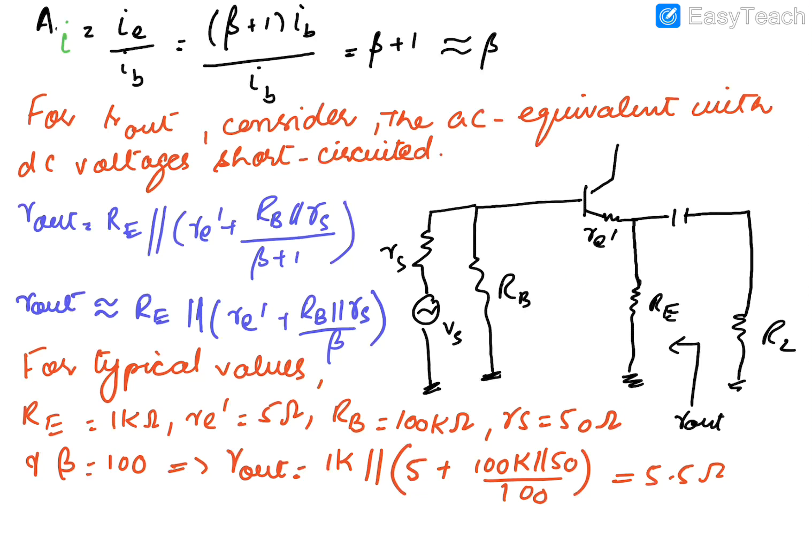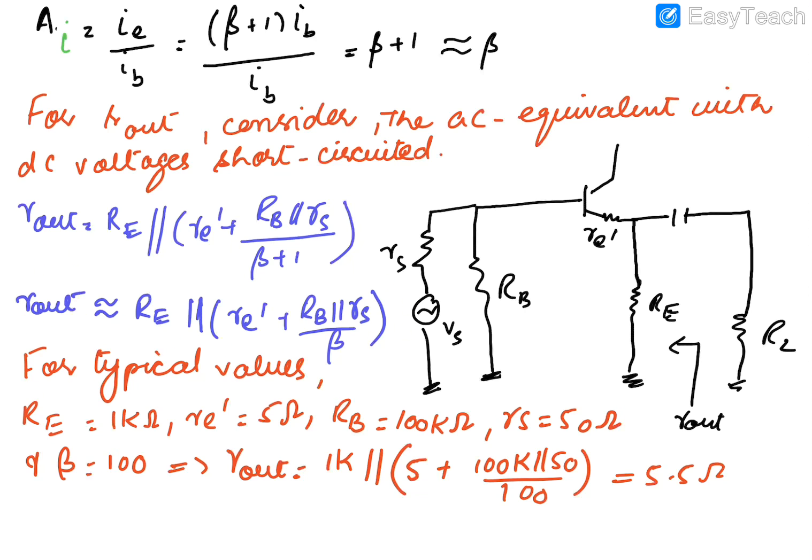So basically at the output side the resistance will be RE parallel with RE dash plus the parallel combination of RB and RS divided by beta. As RE dash is already on the output side, we will not divide it by beta; we will only divide the parallel combination of RB and RS by beta if we want to consider it on the output side. So this is the expression for output resistance.